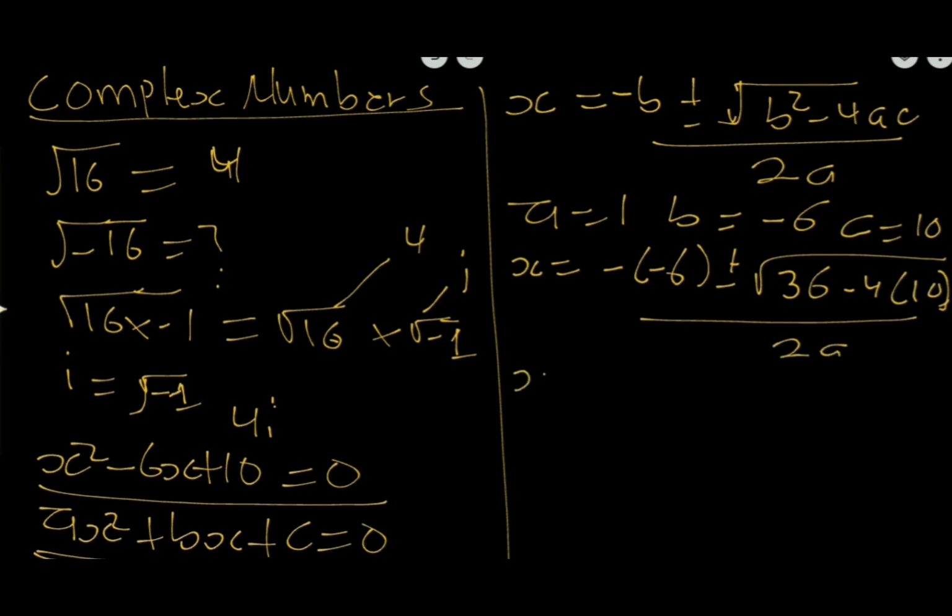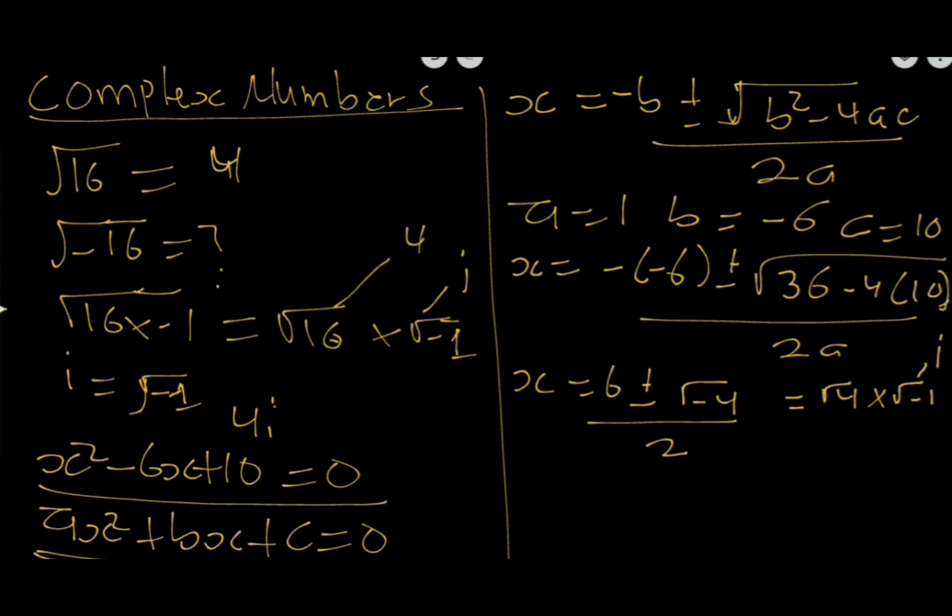So our x becomes 6 plus or minus root of, 4 times 10 gives us 40, and 36 minus 40 is negative 4. So that becomes 6 plus or minus root of negative 4, all over 2. We already know that root of negative 4 can be expanded as root of 4 times root of negative 1, and the root of negative 1 is the same as i.